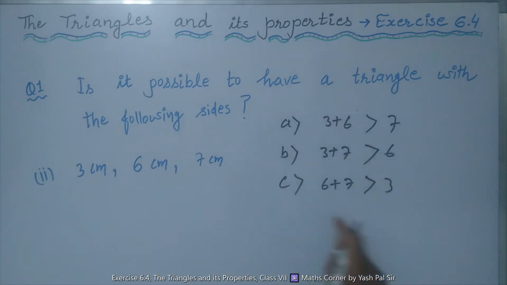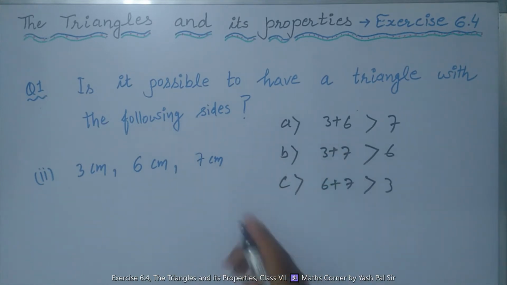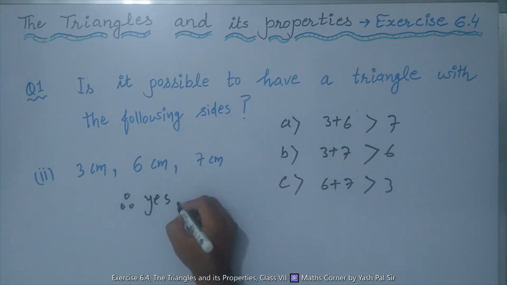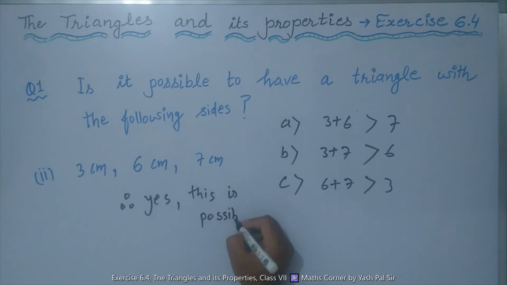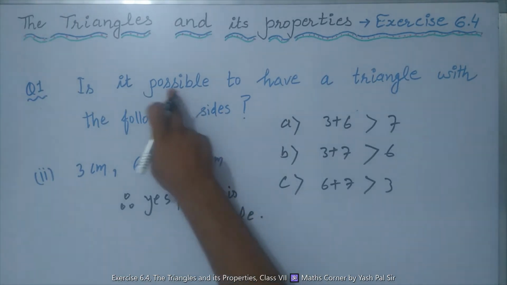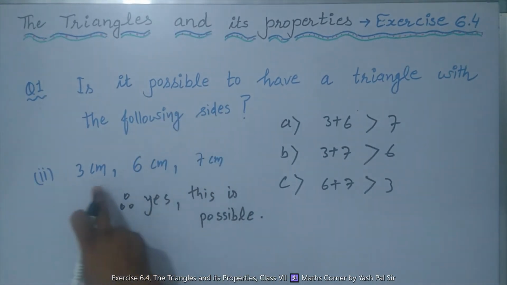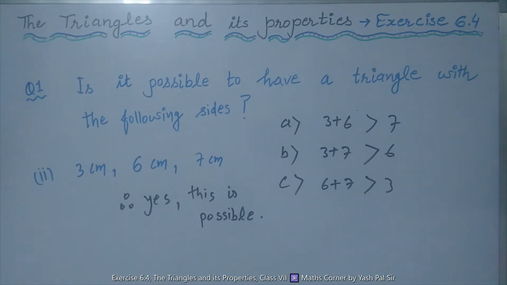So in each case, the sum of two sides of a triangle is greater than third side. So yes, this is possible. It is possible to have a triangle with the following sides: 3 centimeter, 6 centimeter and 7 centimeter.